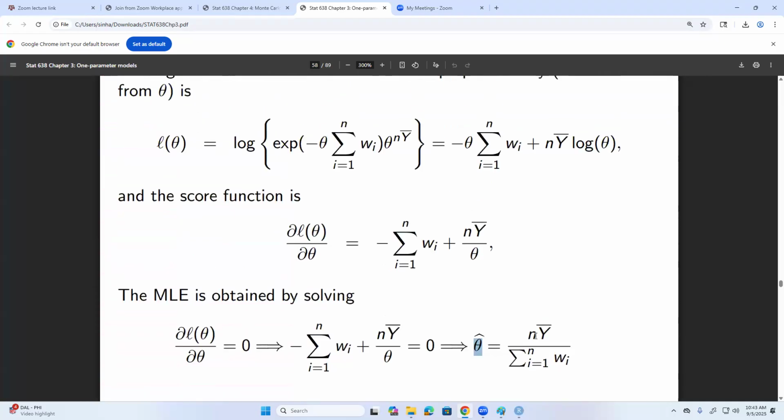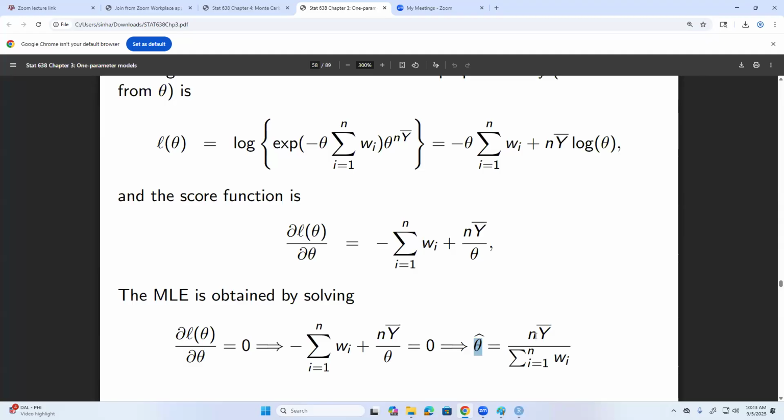Now, although I said this is how the MLE is obtained, there are some intermediate steps. For example, this is the solution of the gradient equation. How do you know that this is the solution that maximizes the likelihood? MLE means maximum likelihood estimator, right? So it is the argument of the parameter that maximizes the likelihood surface. So solving the gradient equation is not enough.